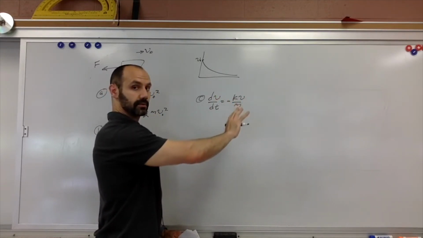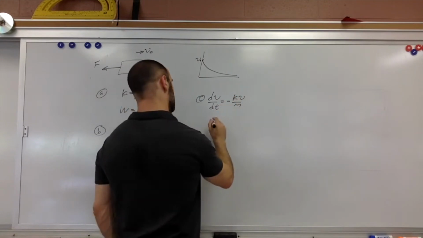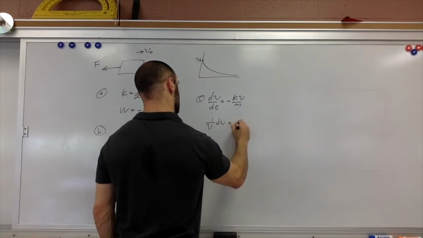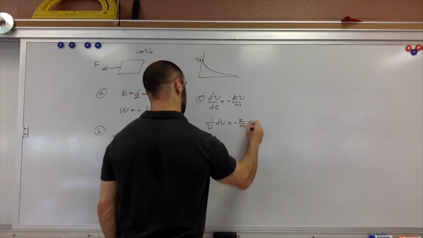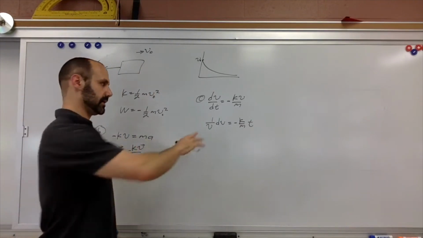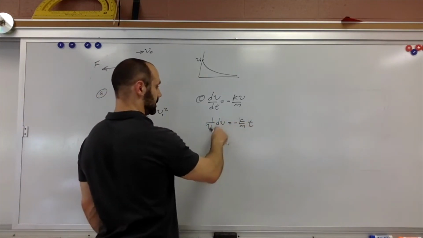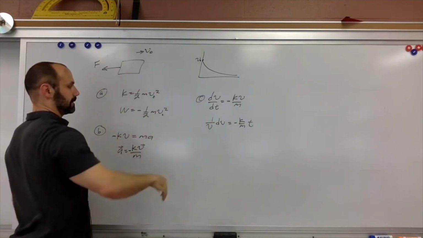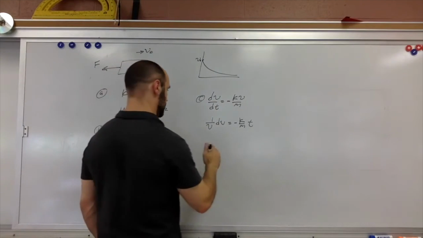Now there are no other terms. It's just this one term. So I'm going to do 1 over v dv equals negative k over m times dt. I couldn't set this one up like this before in the other one. But now I can, because of this, just having this one term, because there are no other forces here. Right? That's why I end up just with this.